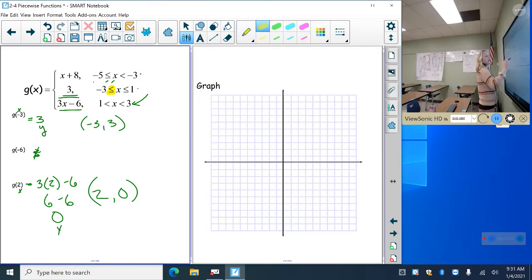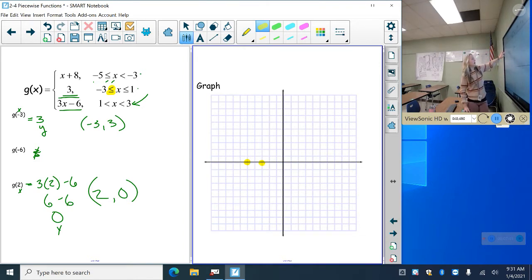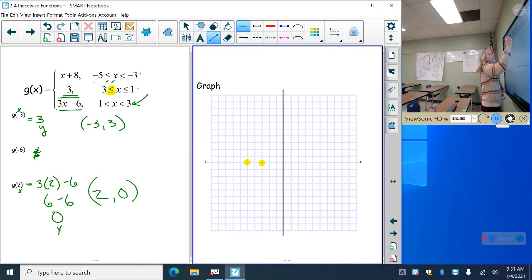Let me get a highlighter. So I have negative 5, so 1, 2, 3, 4, 5. In between here and 3 here, the function is going to be x plus 8. So it's going to be a line, x plus 8. The y-intercept is 8: 1, 2, 3, 4, 5, 6, 7, 8 here.